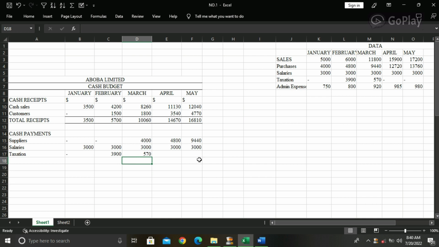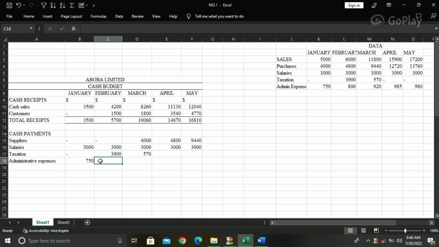The next thing in our data is administrative expenses. So administrative expenses for January is 750.